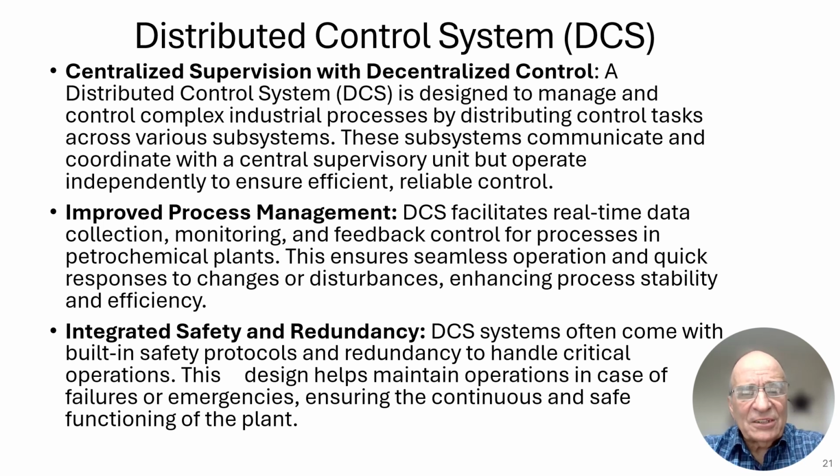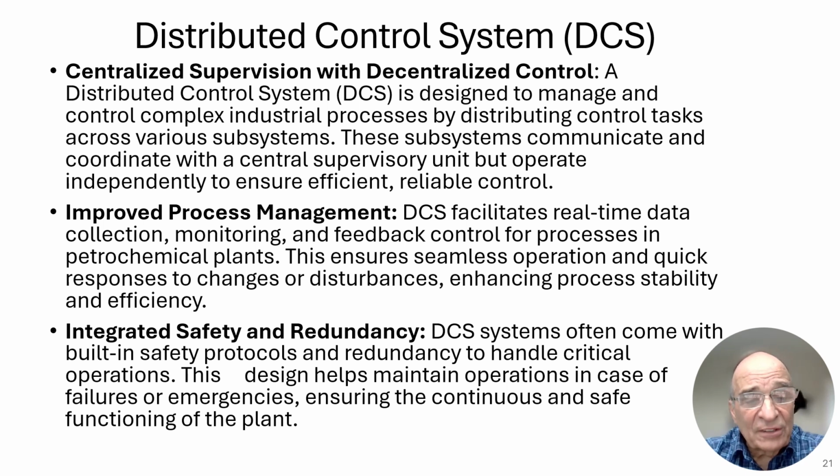Improved process management. DCS facilitates real-time data collection, monitoring, and feedback control for processes in petrochemical plants. This ensures seamless operation and quick responses to change or disturbances, enhancing process stability and efficiency.